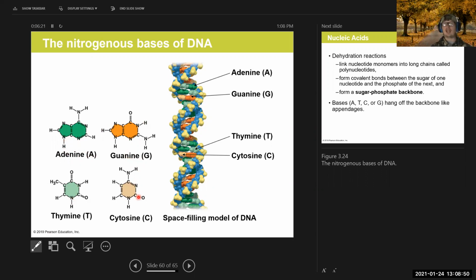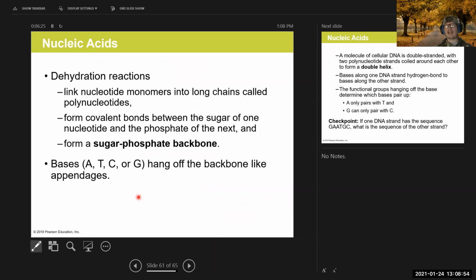Okay, and for nucleic acids, you have dehydration reactions that are going to put these nucleotides together, and it's the same dehydration reactions that we've talked about for carbohydrates, lipids, and proteins. These are specifically linking the monomers of the nucleic acids together and making those polymers.